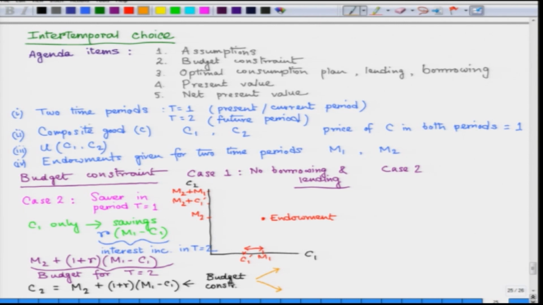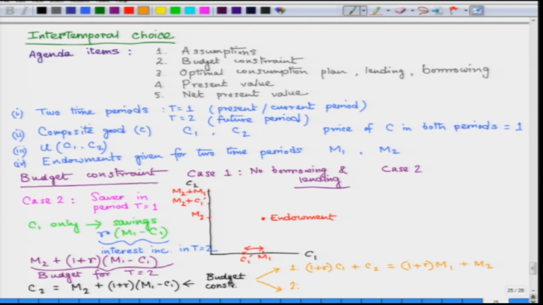This is number 1: (1 plus R) times C1 plus C2 equals (1 plus R) times M1 plus M2. Note that I have only rearranged it.